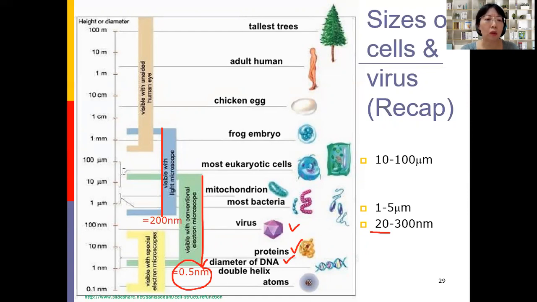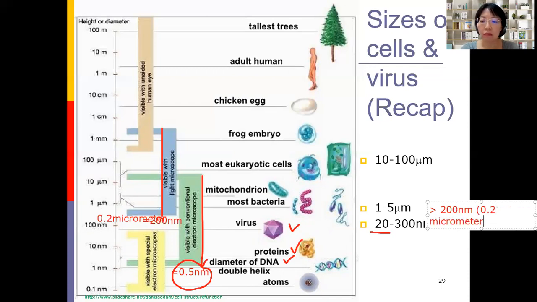So down to 0.2 micrometer, we are still able to see bacteria using a light microscope, because the size of bacteria ranges from 1 to 5 micrometers, right? 1 to 5 micrometers is actually bigger than 200 nanometers. How do you know it's bigger? Because this is actually 0.2 micrometer. So therefore, you can still see bacteria.